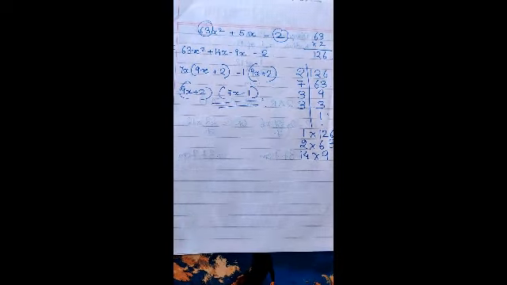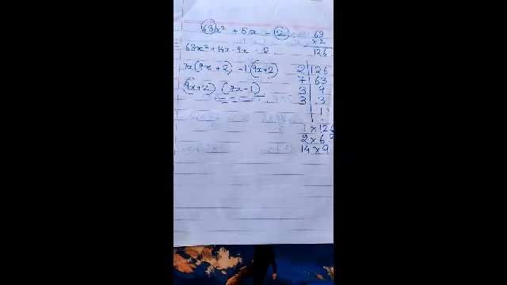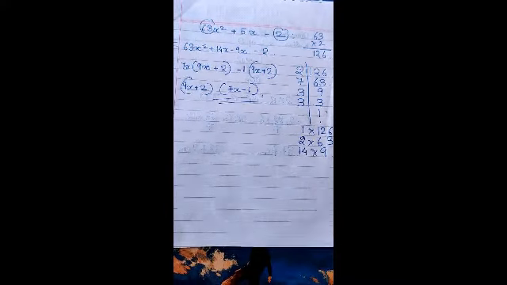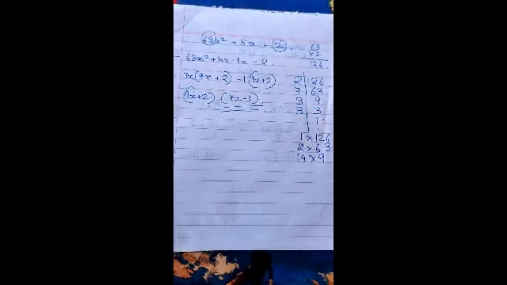Factorization of trinomials: we need to concentrate on our first term and our last term, because the product of what we get from multiplying the first term and the last term is what will help us find our factors. So here 63 into 2 is 126, and our middle term is 5x.